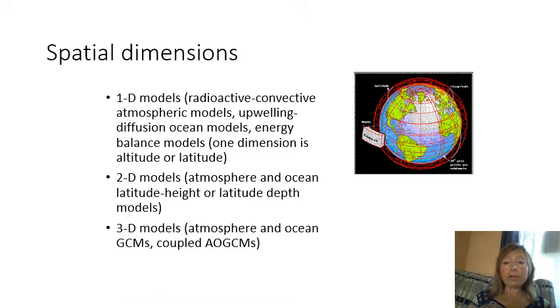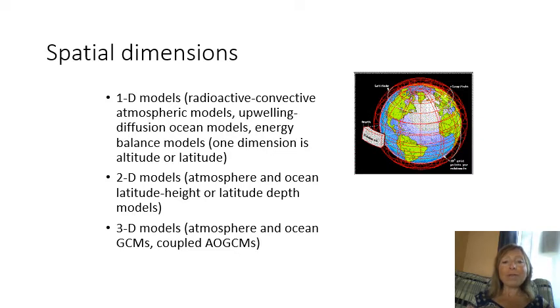There are three levels of complexity or spatial dimensions that are used in climate modeling. The first, the simplest level of complexity, are the so-called one-dimensional or 1D models. Examples could be radiative convective atmospheric models, or upwelling diffusion ocean models, or energy balance models.